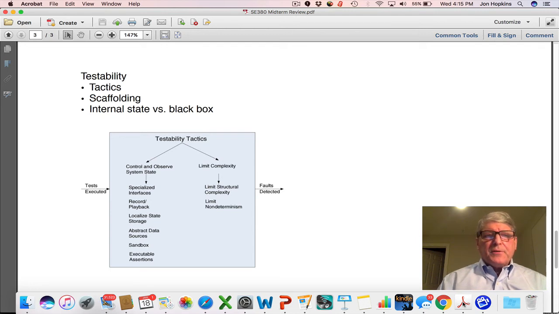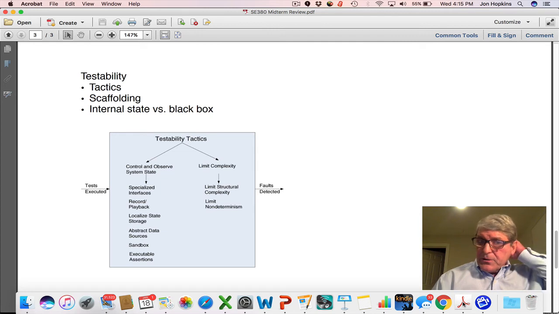The role of scaffolding in helping us to set up tests, including the setup and the teardown, and the data that's needed to help us test it. In other words, the standard data that says, well, here's my test data, and I have the expected results from this, and I'm going to compare them to see what my errors are.